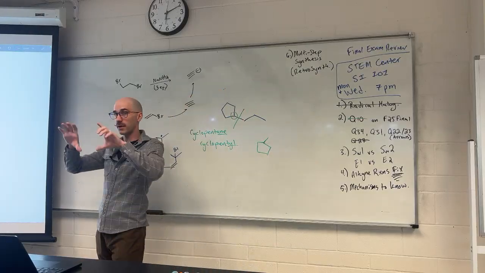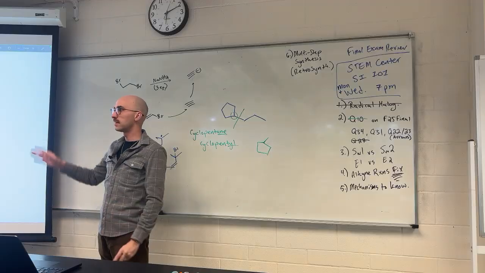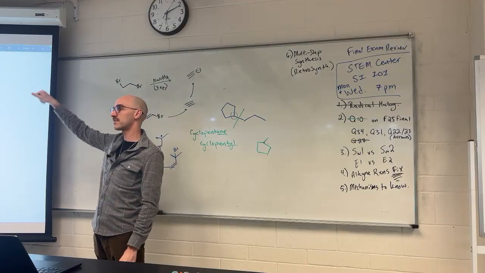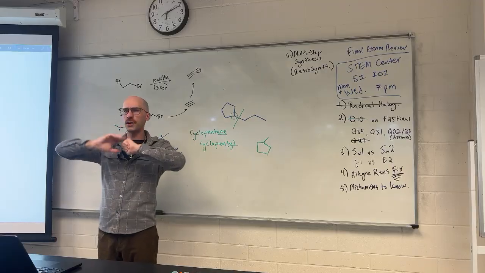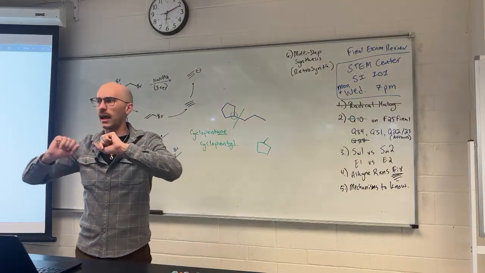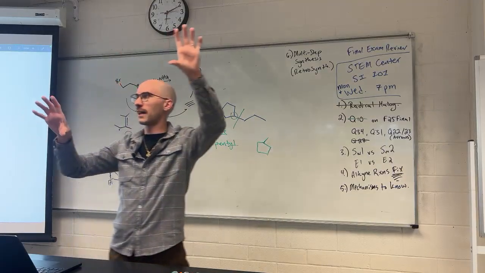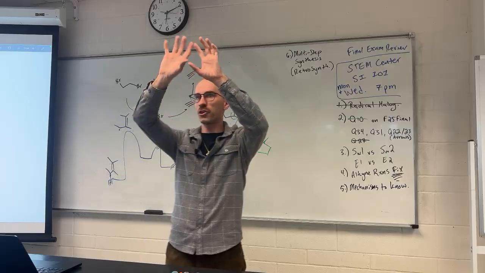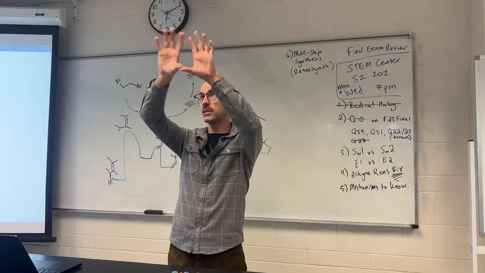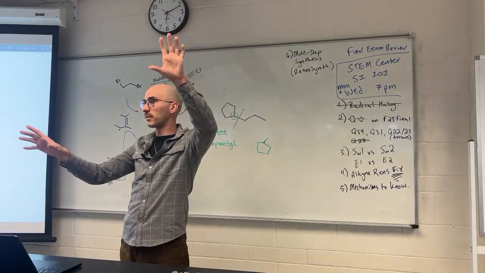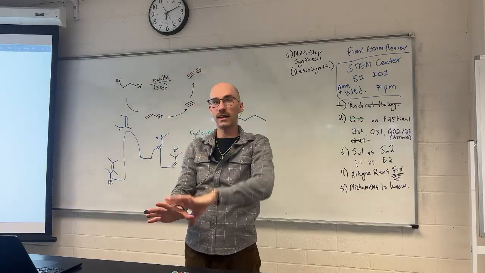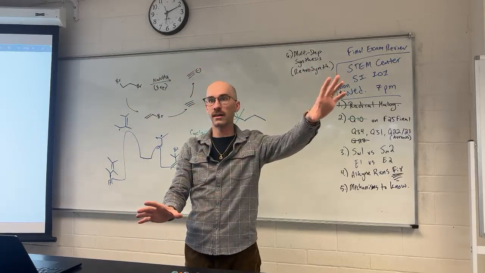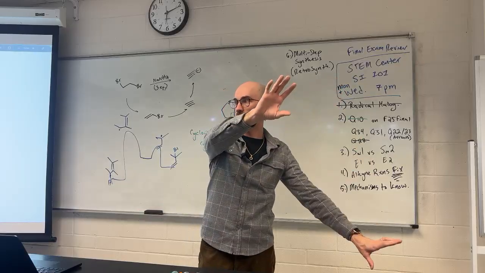You know those diagrams that I've been giving you all semester? These are snippets from those diagrams, essentially. And taking those diagrams, you know how we showed an alkene going to an alkyl halide? Well, we could have also shown an alkyl halide going back to an alkene by elimination, or an alkene going to a dihalide, and a dihalide going to an alkyne, and an alkyne going to a ketone.